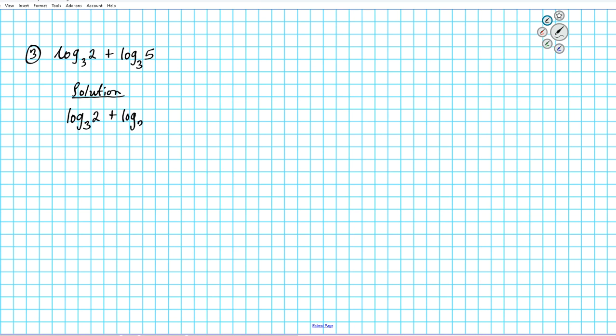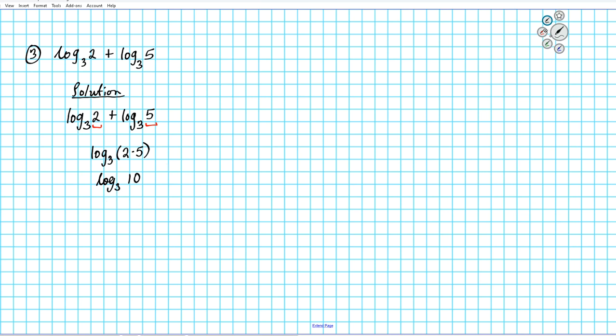A sum of logs in the real world is a product. So we're going to be multiplying the logarithmic arguments 2 and 5 since we have a sum. So we're going to have log base 3 of 2 times 5. When you multiply that, you have log base 3 of 10.